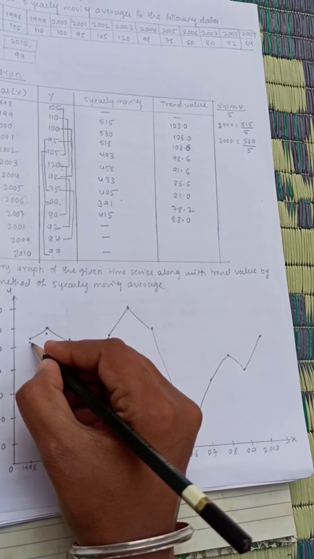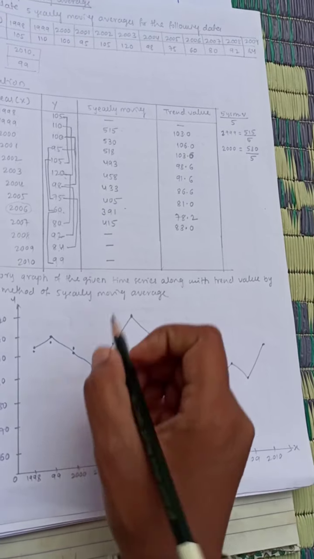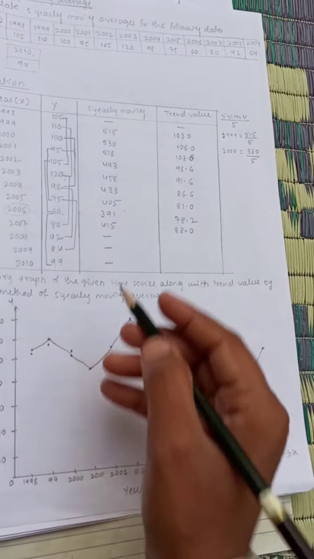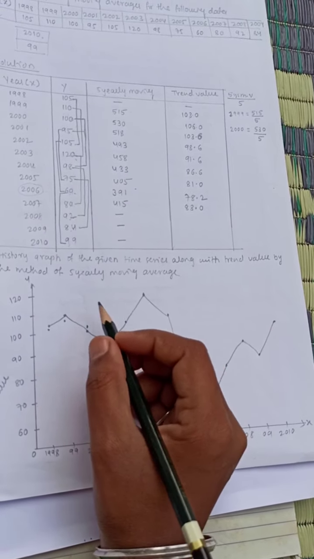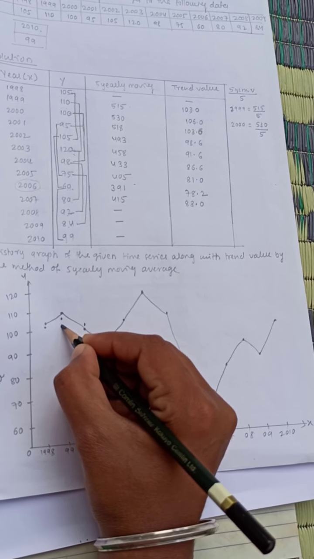Sorry, in this year it is not coming, only this year. 1998 nothing is there. 1999 is 103. Here it is coming.